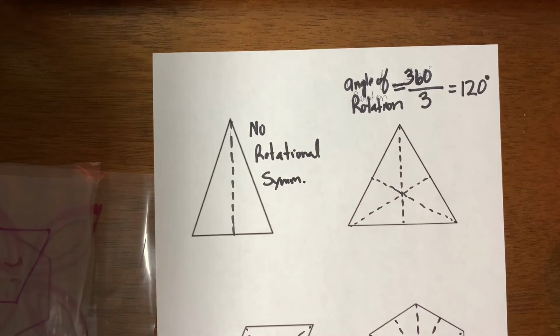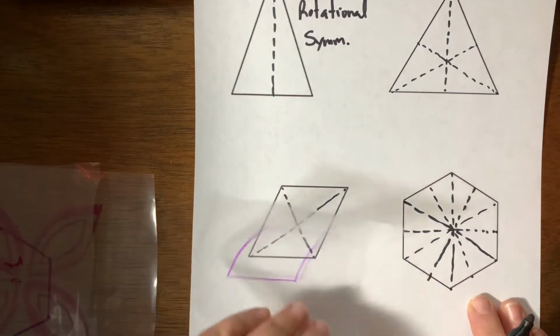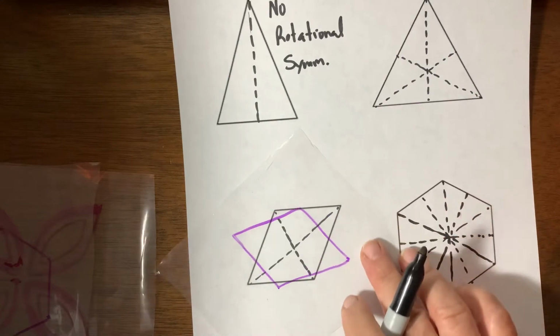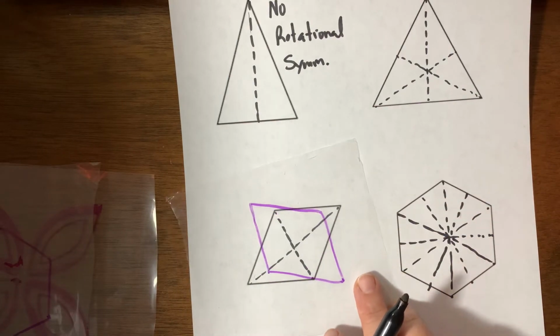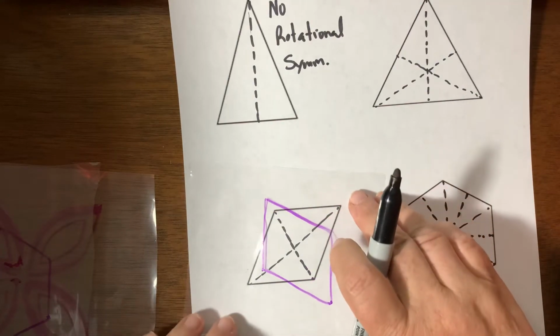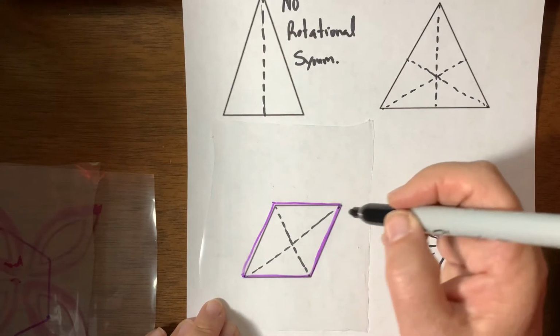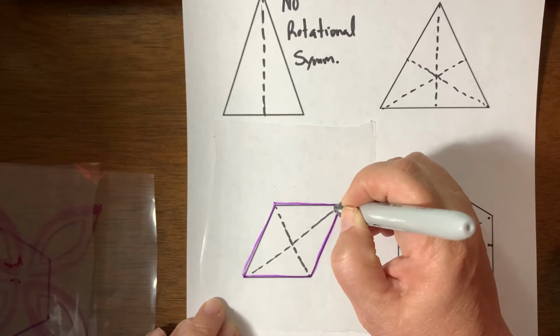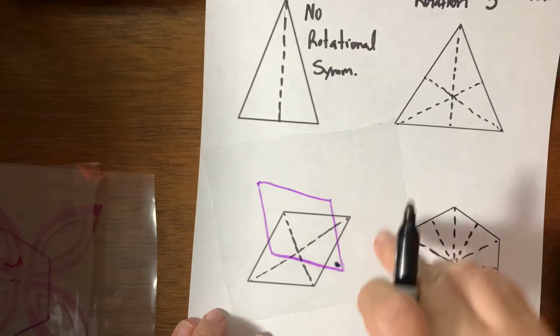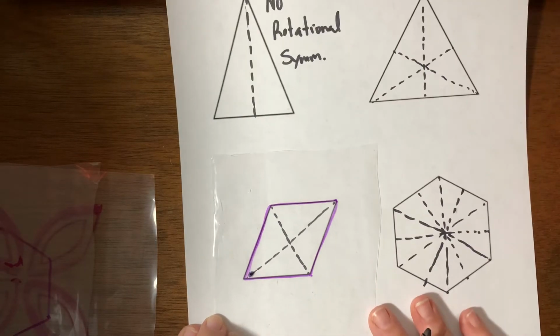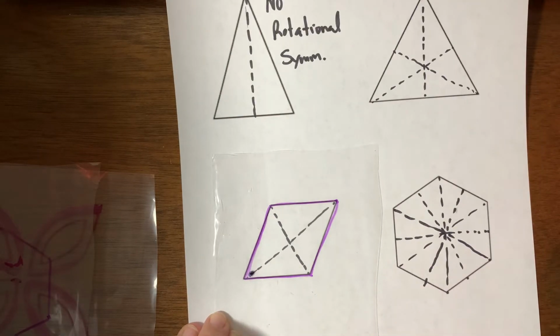All right. So we have our rhombus down here. We rotate it this way. I forgot to put the little dot. Let's put the dot. There we go. So there's one time that it mapped itself.